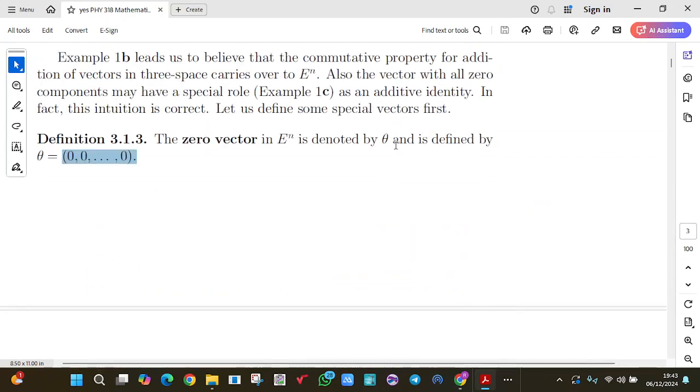All right, so if I say, form me an E to the power 2 null vector, what will be that vector? It will be x is equal to what? If I say E to the power 4, form a null vector in the space E to the power 4, that will be what? Theta will be equal to 0, comma, it will have 4 zeros because the Euclidean space is 4. Be very careful with this n. You understand?